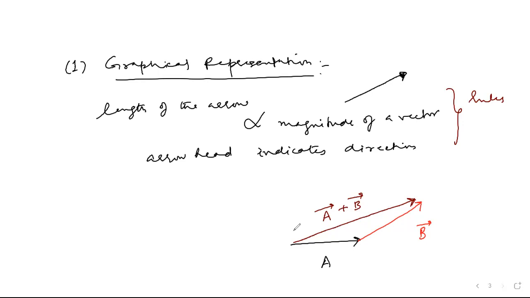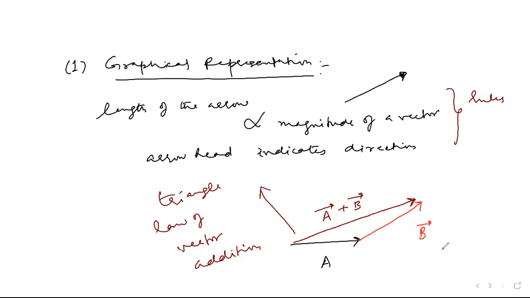This rule is always called triangle law of vector addition. This triangle of vector addition. So graphically, you can represent vectors, then you can find their resultant. This is also called resultant, that is sum vector A plus B using triangle law of vector addition.